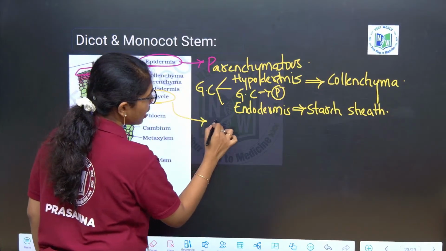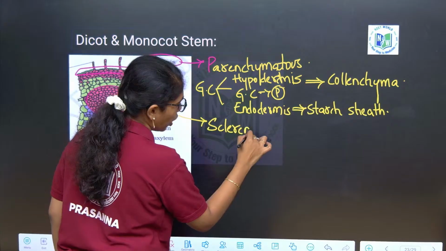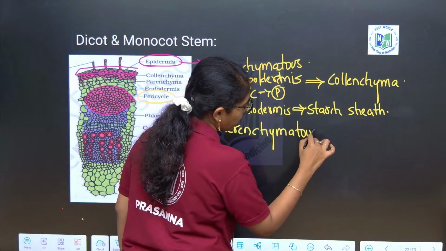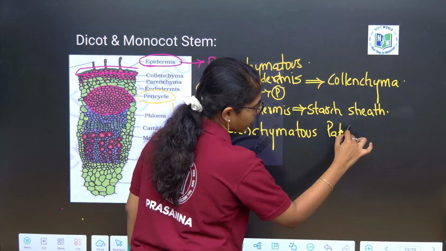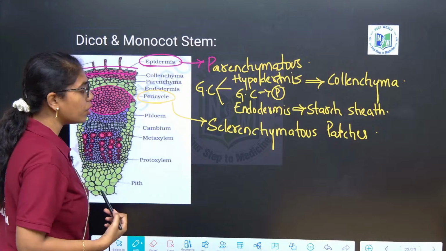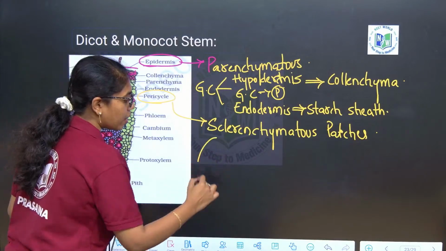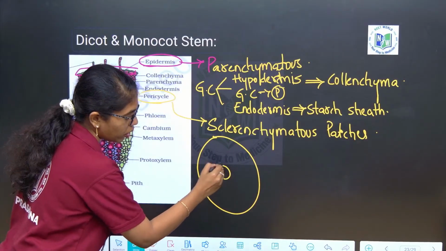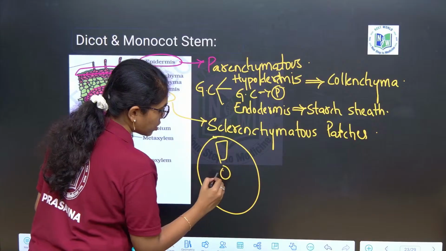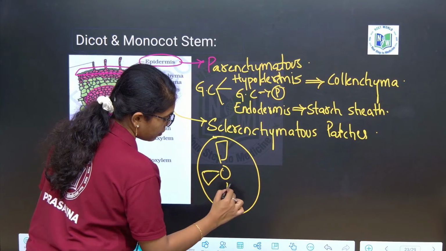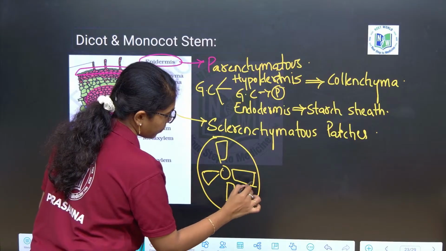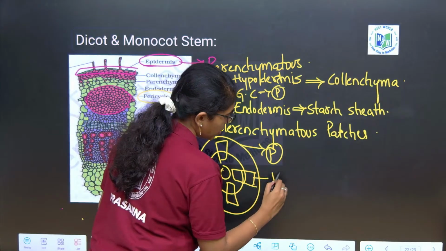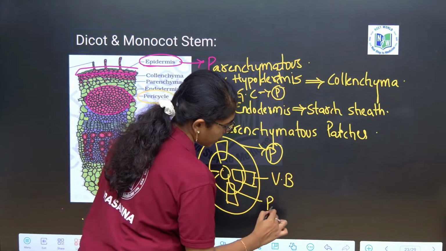Pericycle is having sclerenchymatous patches. What patches? Sclerenchymatous patches. And the story below the pericycle you know already. Stele includes what? Pericycle, vascular bundles, and at the center medulla or pith. Stele includes pericycle, vascular bundles, pith.